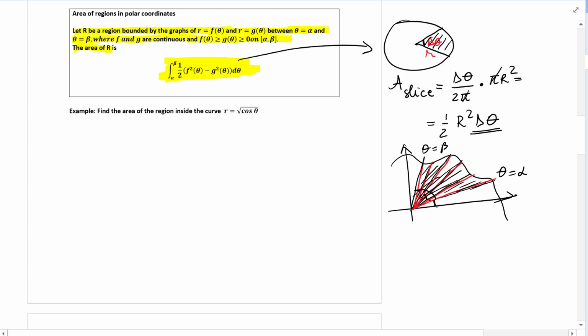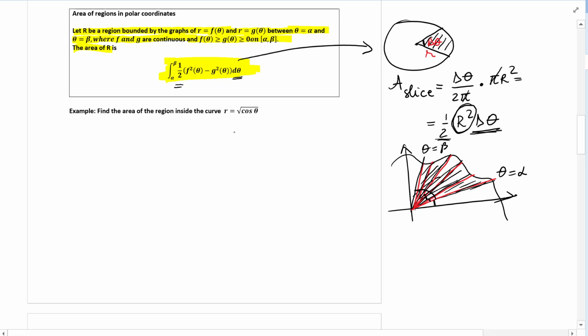So that makes the area 1/2, so 1/2 is coming from here. Then delta theta is this d theta, which makes it a very small distance. And then r squared is given by a function of theta, and it's squared.